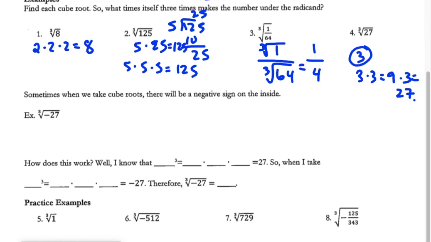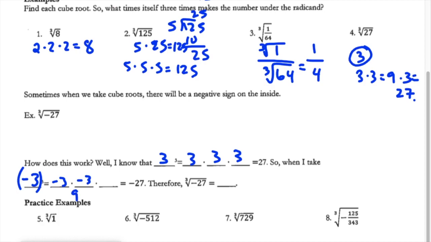Well, I know that 3 cubed is going to be 3 times 3 times 3, which is equal to 27. So when I take negative 3 cubed, that's going to be negative 3 times negative 3, which I know is going to be positive 9, right?